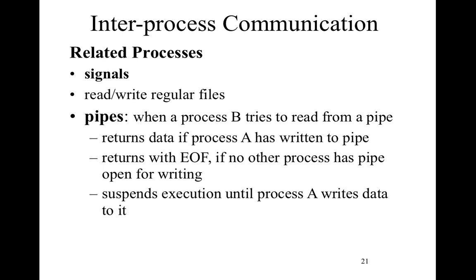So what we saw earlier, we could pipe the output from one program to the input of another program. That would be process A and process B. So if you're going to do that, then B waits for A. If B tries to pull from the pipe and the pipe's empty, it gets a message that says, hey, end of file.